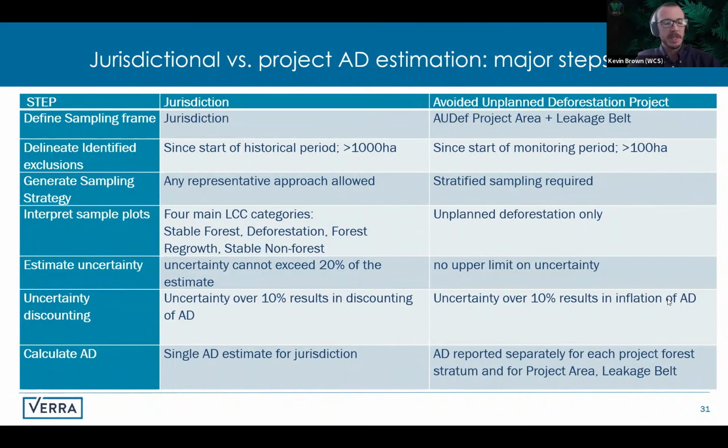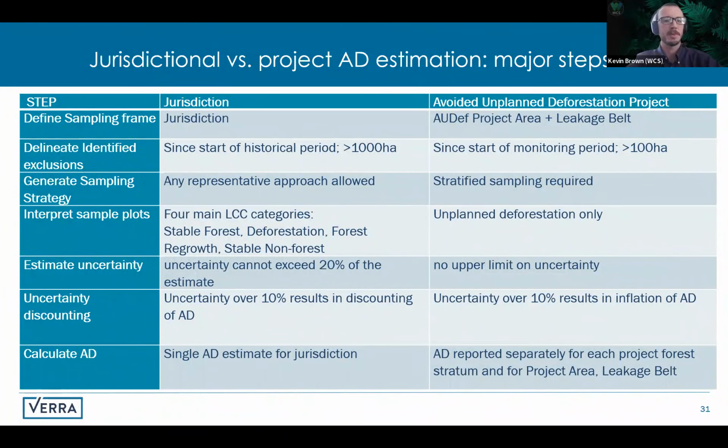And then other things can be excluded, like large permanent bodies of water that are just never going to have any forest in them. They can be excluded from the sampling frame. Once the sampling frame has been defined for either the jurisdiction or the project, a sampling strategy has to be developed. For the jurisdiction, there's not a prescriptive approach for how this should be undertaken.